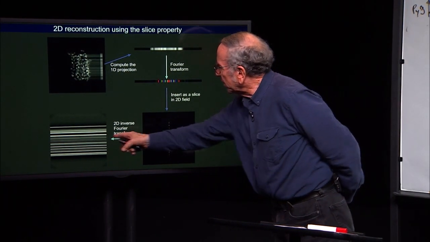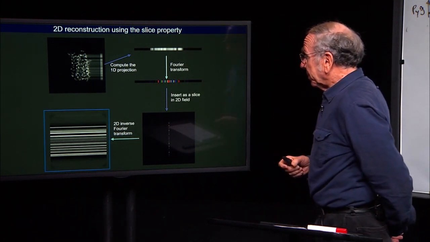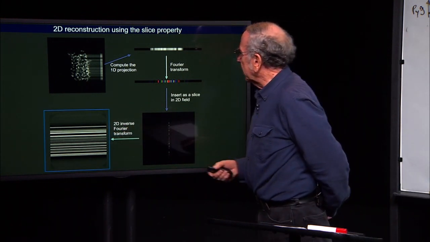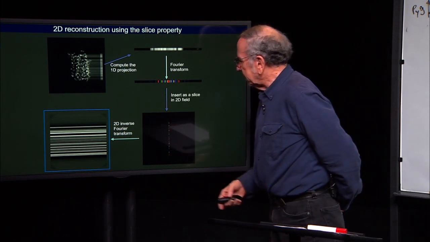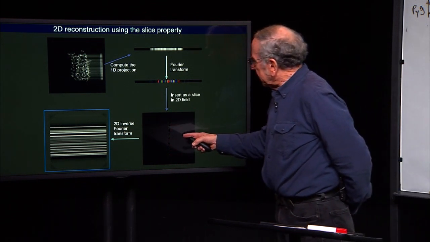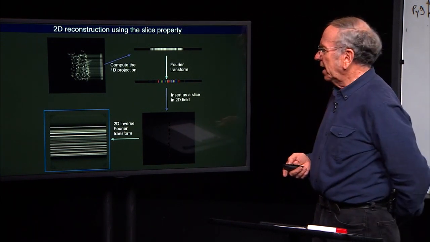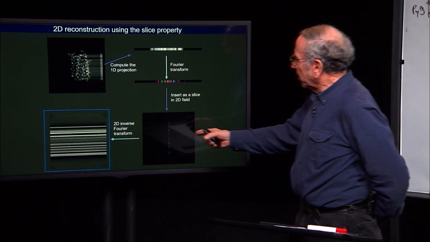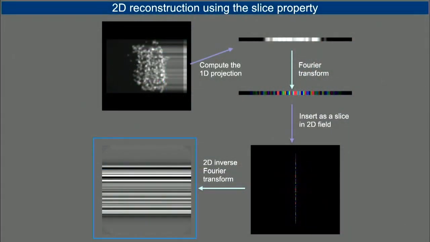And then we can compute an inverse transform, and we get a result. Now, in this case, the result is kind of interesting. I inserted a slice that looks like this. It's a delta function in the horizontal direction, in the u direction. And that, of course, converts into a constant in the x direction in the reconstruction.